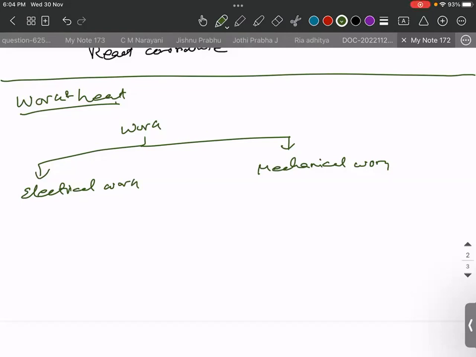How the electron is circulated and how the reaction is converted into electricity can be measured in terms of electromotive force, that is EMF. That EMF gives the electrical work: electromotive force into quantity of electricity. How much volt it produces. Okay, quantity of electricity.